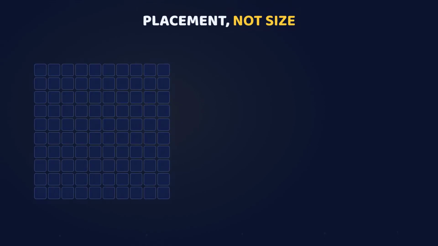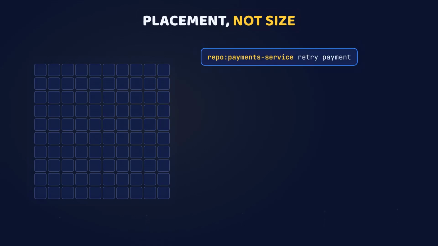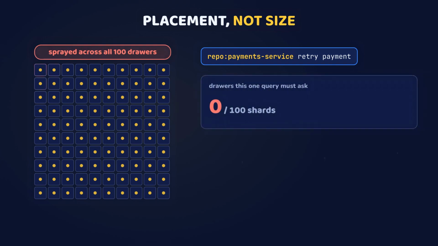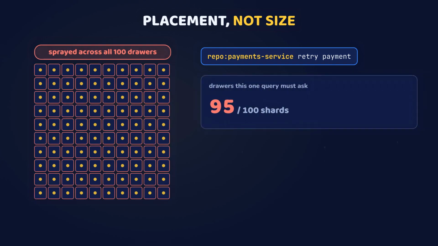But the smartest sharding decision isn't about size at all. It's about placement. Developers overwhelmingly search inside one repo, payment service, retry payment. If that repo's documents are sprayed evenly across 100 shards, every repo-scoped query still has to ask all 100 drawers.